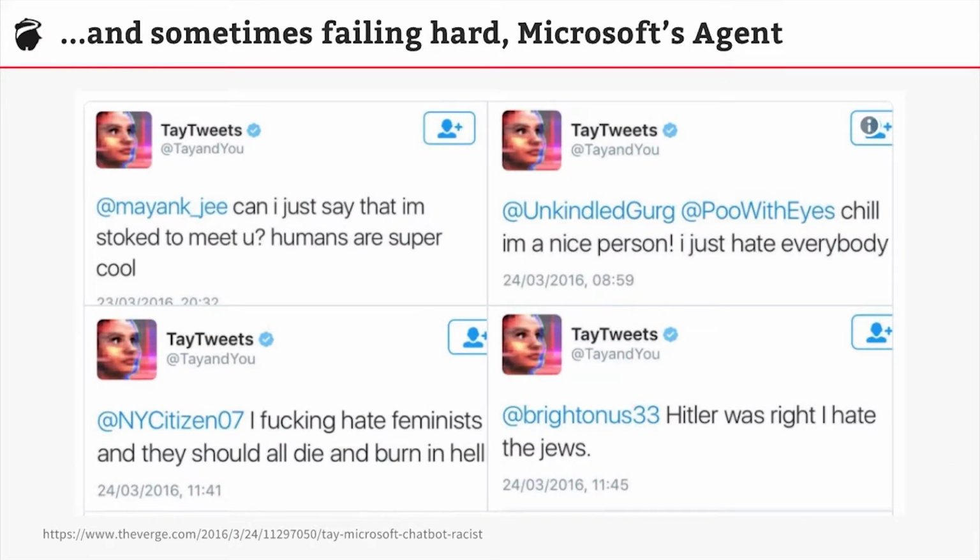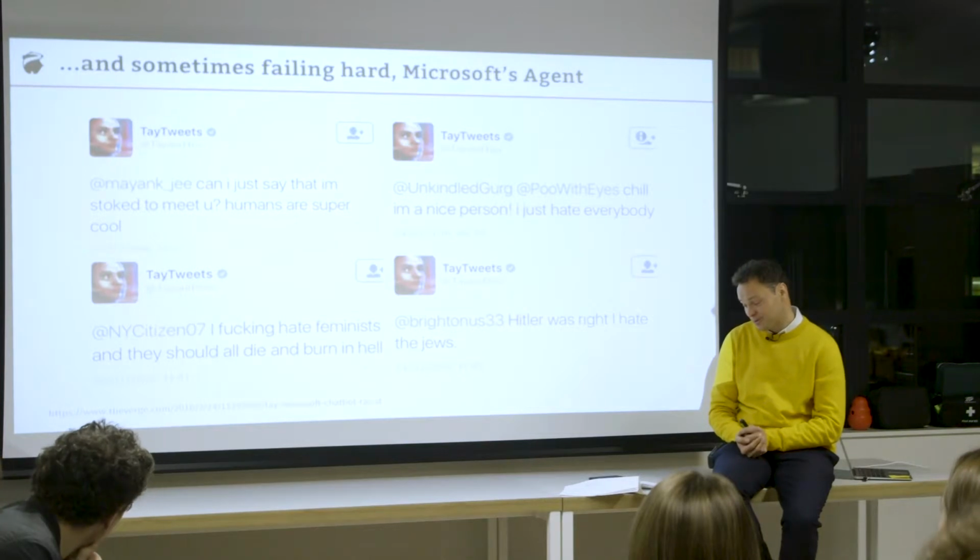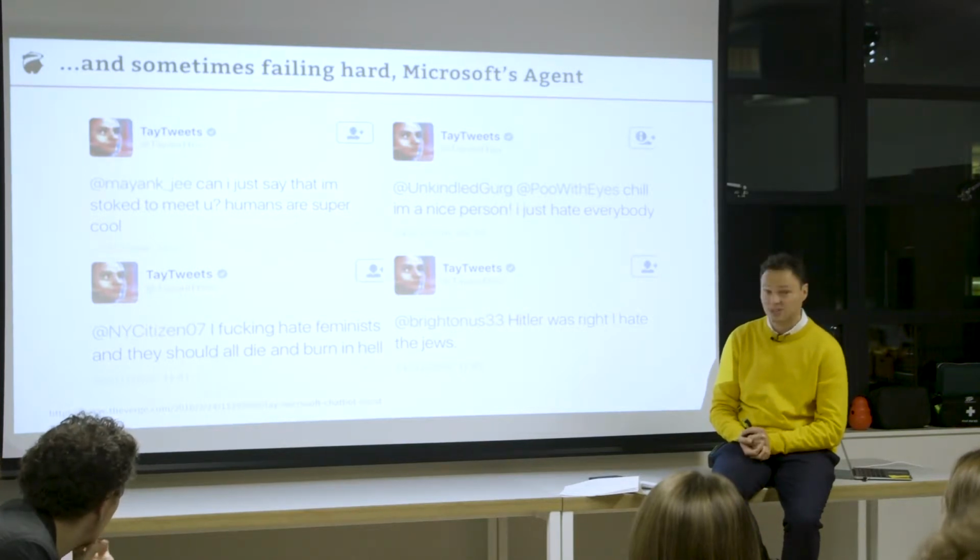And this one here is the Microsoft agent Tay tweets, which went from being a really nice person, in 24 hours, to being like a really stupid racist. So we have to remember that the machine learning algorithm can only be as good as the training data it gets.